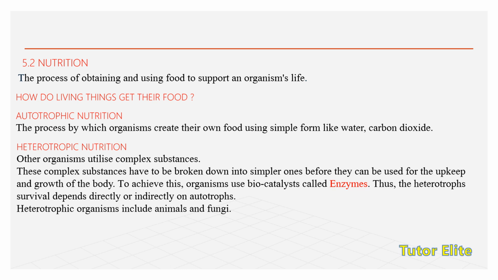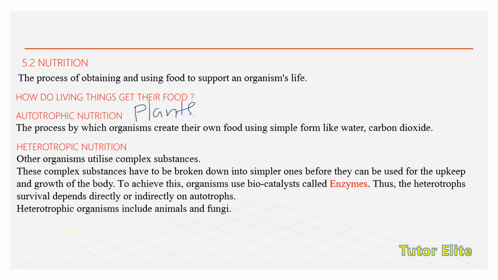The process by which organisms create their own food using simple forms like water, carbon dioxide and sunlight is autotrophic nutrition, that is plants. Autotrophic nutrition is basically for plants.